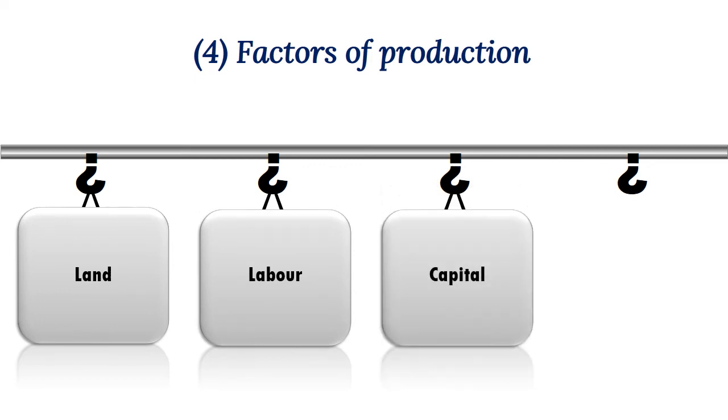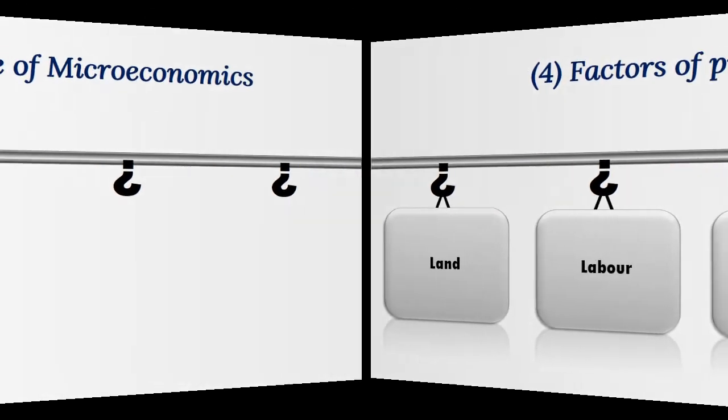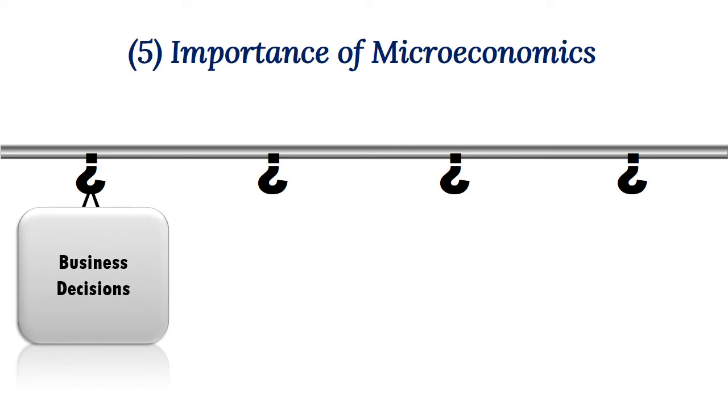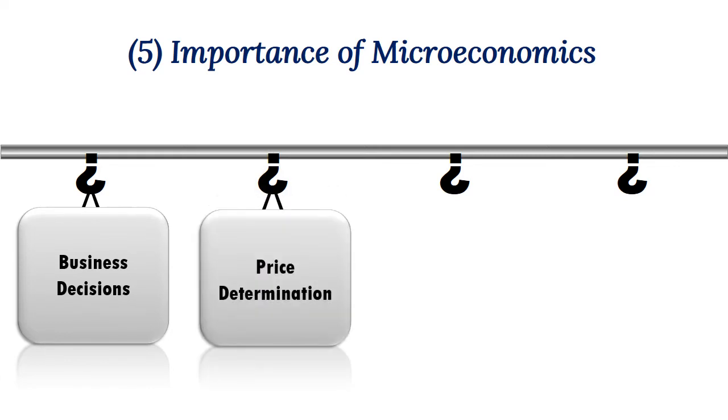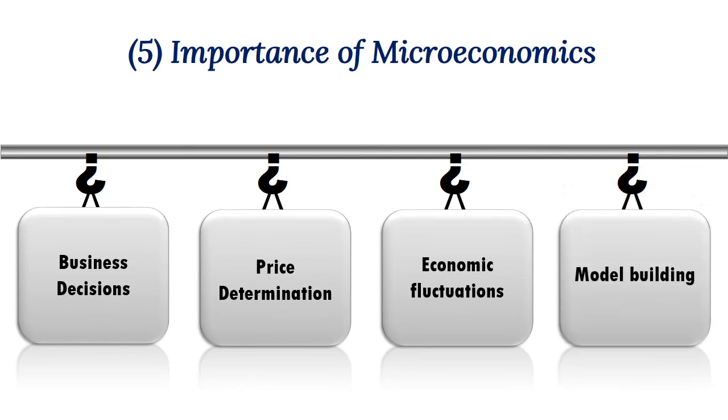Capital. Profit. And the odd word is profit. 5. Importance of microeconomics. Business decisions. Price determination. Economic fluctuations. Model building. And the odd word is economic fluctuations.